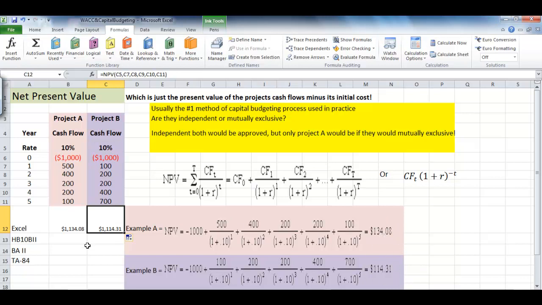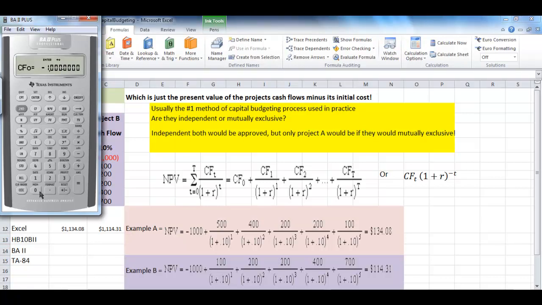Now, with the Hewlett-Packard 10B2, with the BA, with the TI-84, they will allow us to put a 0 cash flow. Now, I don't have the TI, the HP, but I'll go ahead and show the TI really quick, or the BA. And the BA, when I want to do these, I hit cash flow, and you see I've got a cash flow 0. I can make it a negative number.